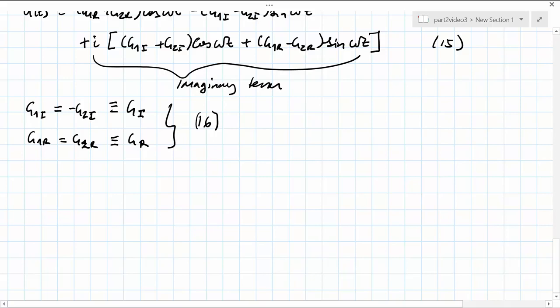Returning to equation 12, we can then say that g1 is equal to gr plus I gi, and g2 is equal to gr minus I gi.